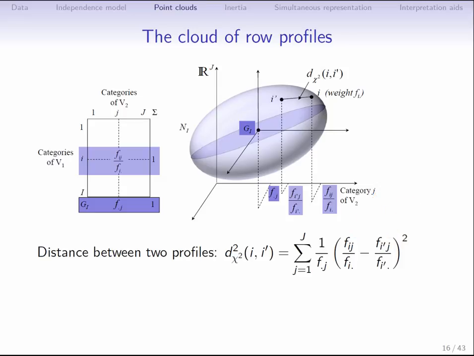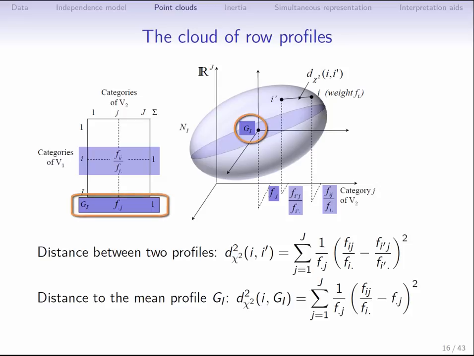We take the square and then sum over all j. The difference between this and the Euclidean distance is that here each dimension j is associated with a weight 1 over f point j. The justification for this distance measure will become clear later in the course.